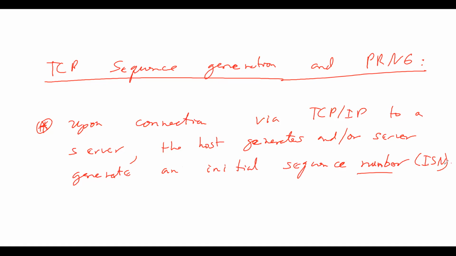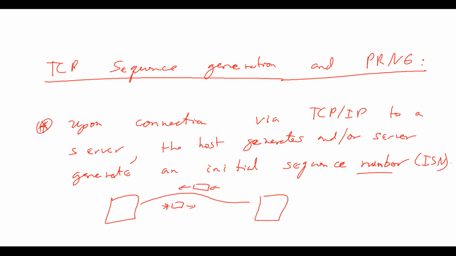This sequence number is used in the conversation between itself and the host to keep track. They're usually sending those sequence numbers back and forth, very similar to the idea that we saw before.